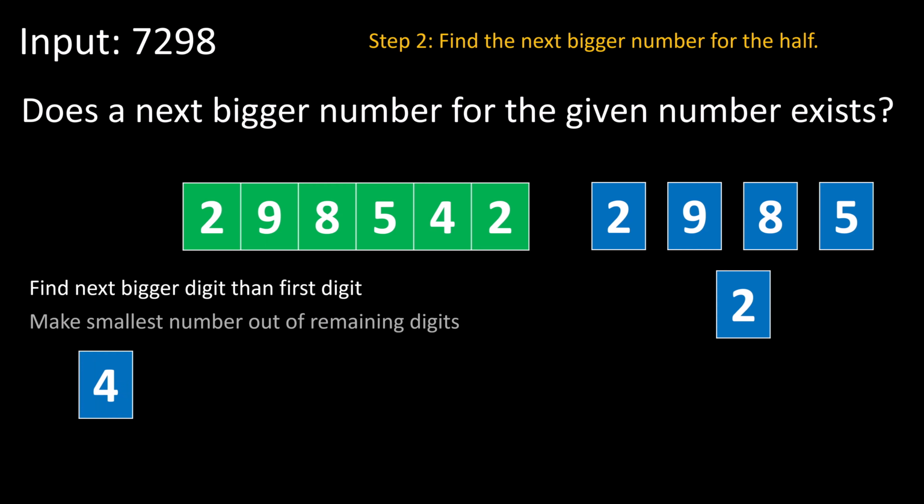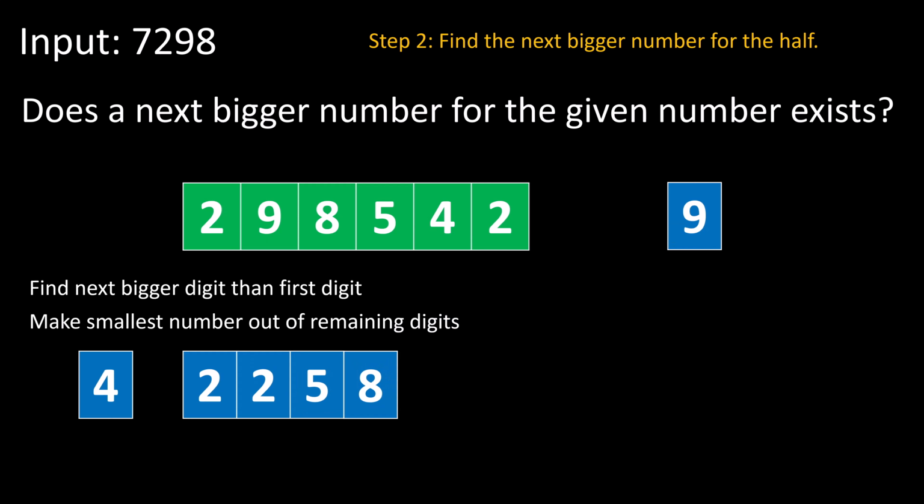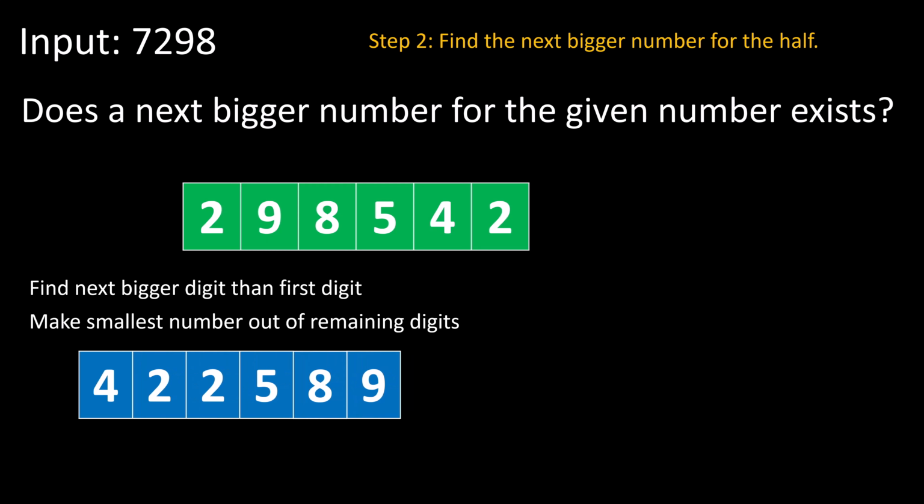Now, what we need to do is make the smallest number out of the remaining digits. To make the smallest number out of the remaining digits, we'll keep them in an increasing sequence. So we'll start off with 2. We again put 2. Then comes 5. Then comes 8. Then comes 9. And together, they make a number which is the next greater number than the given number using the same set of digits.